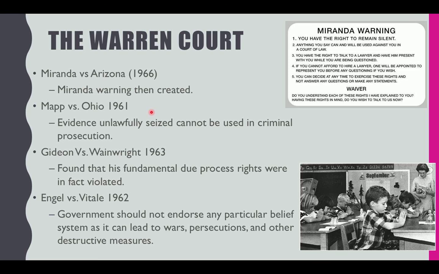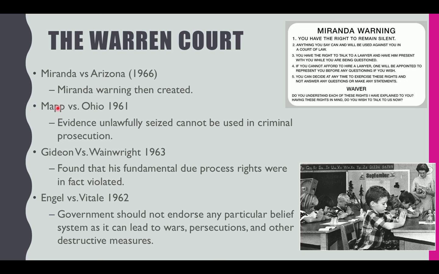Mapp versus Ohio. This case is incredibly important because a woman by the name of Dollree Mapp was arrested after police came into her house and found incriminating materials that were not allowed to be searched for because they didn't have a warrant.